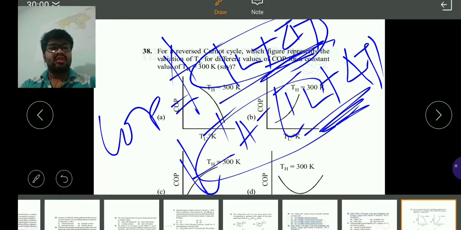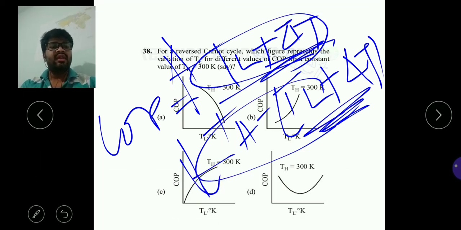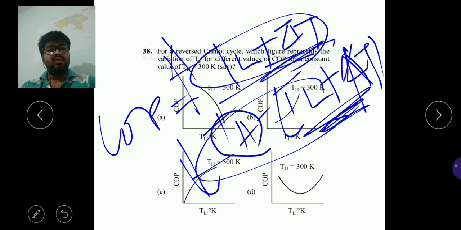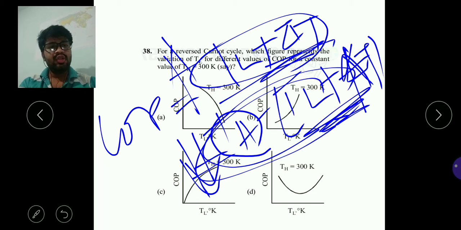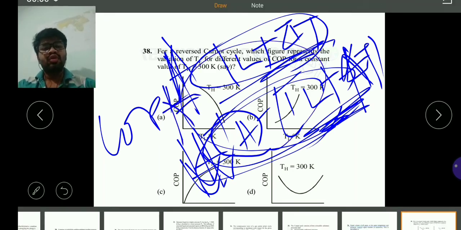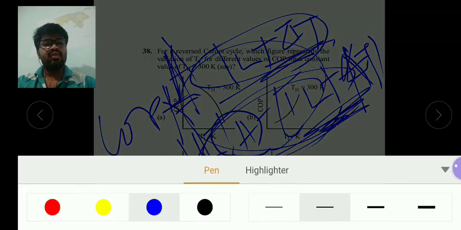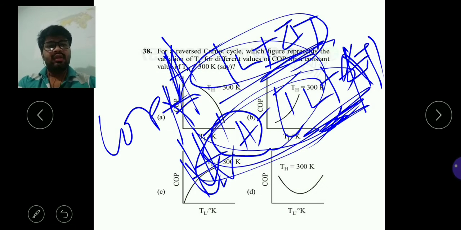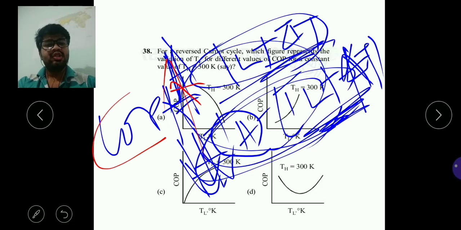TH minus TL decreases as TL increases, so if this part is increasing and this part is decreasing, the whole total part will increase.